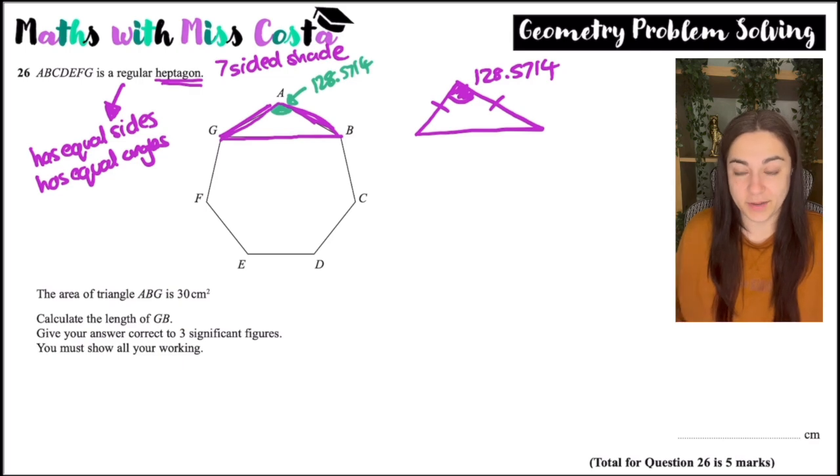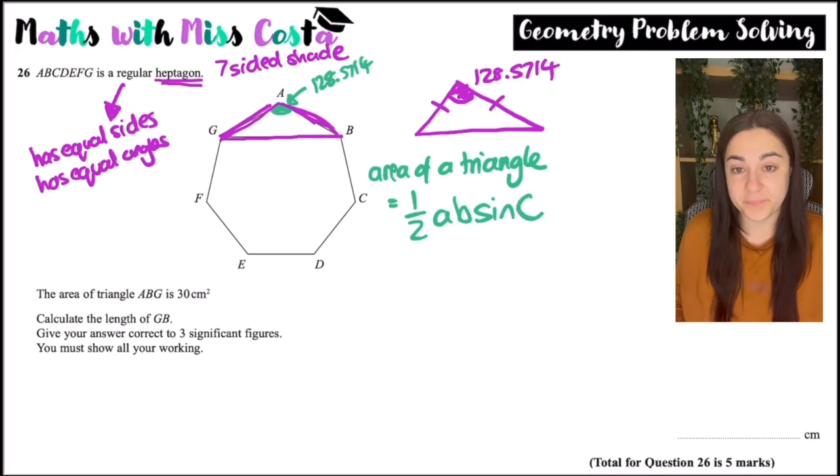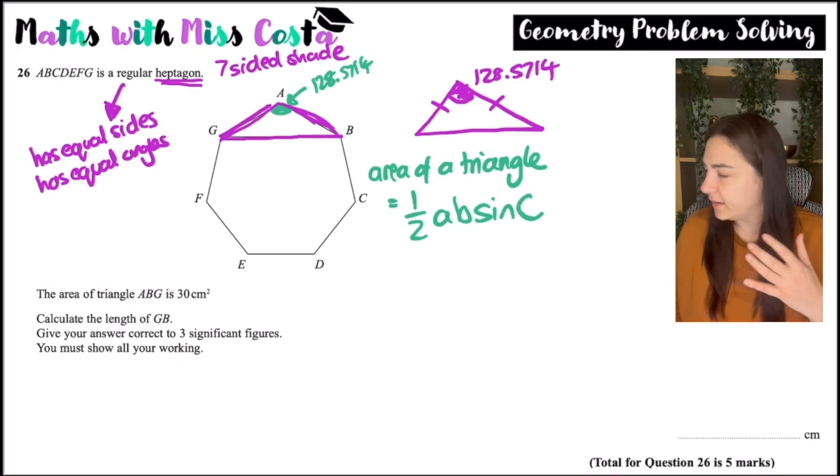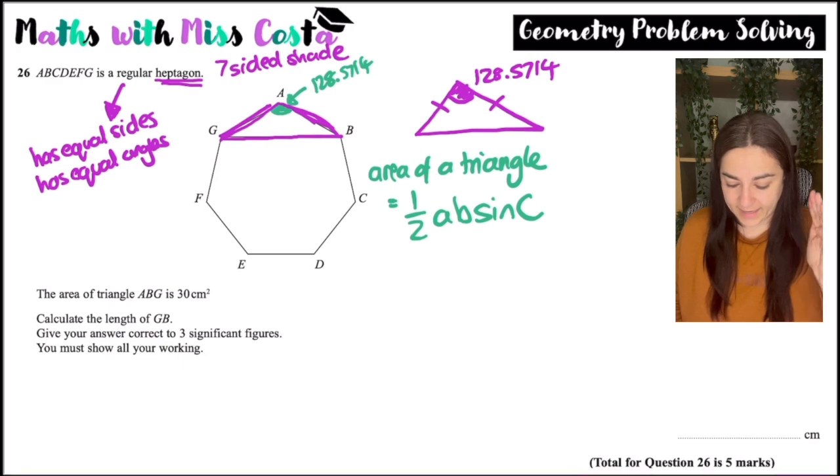Now, using your trigonometry, the area of a triangle is half ab sine C. Okay, so that's a formula that we use to work out the area of a triangle if it's not a right angle triangle, or if it's not one that I know the perpendicular height of.